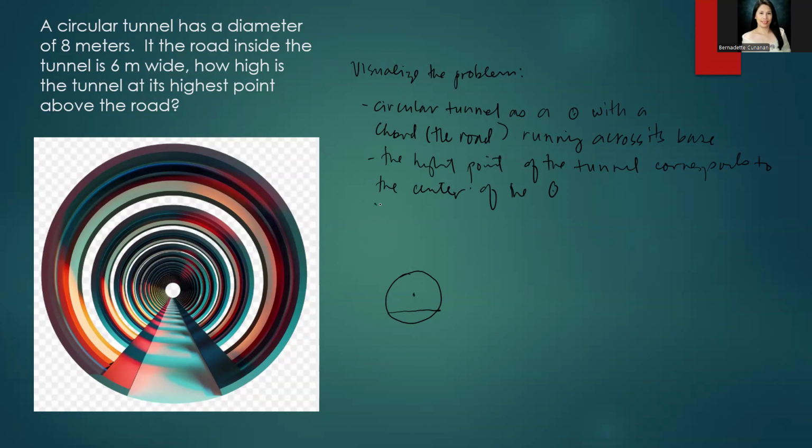Now, we can create a right triangle if we draw a perpendicular line from the center of the circle to the road. So, here.